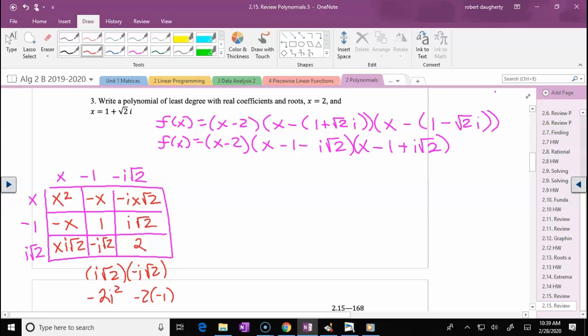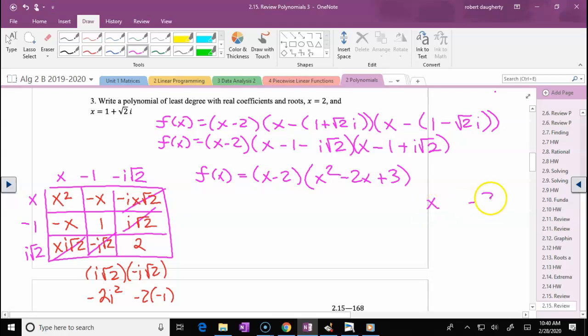So this gives me f of x equal x minus 2 times x squared. Now what happened over here was negative ix root 2, ix root 2, negative i root 2, i root 2. So this gives me x minus 2, x squared minus 2x plus 3. Now I just need to multiply all of that together.